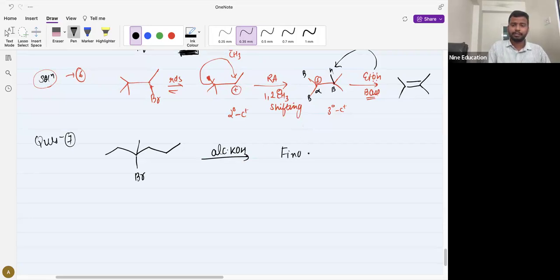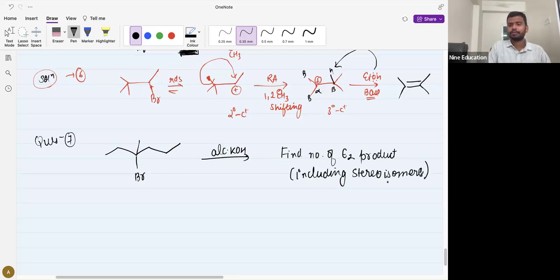Find number of E2 products including stereoisomerism also. Including stereoisomers. Include the stereoisomers. And let's say you are making double bond, it will be E and Z both.